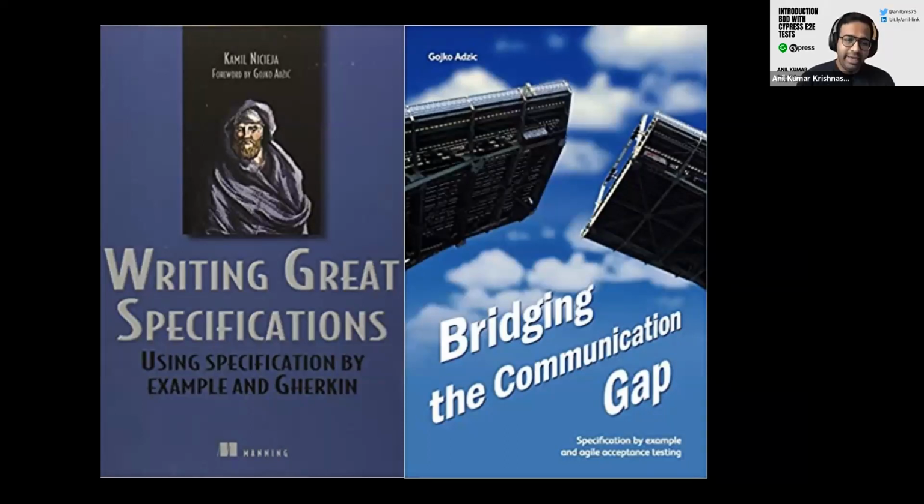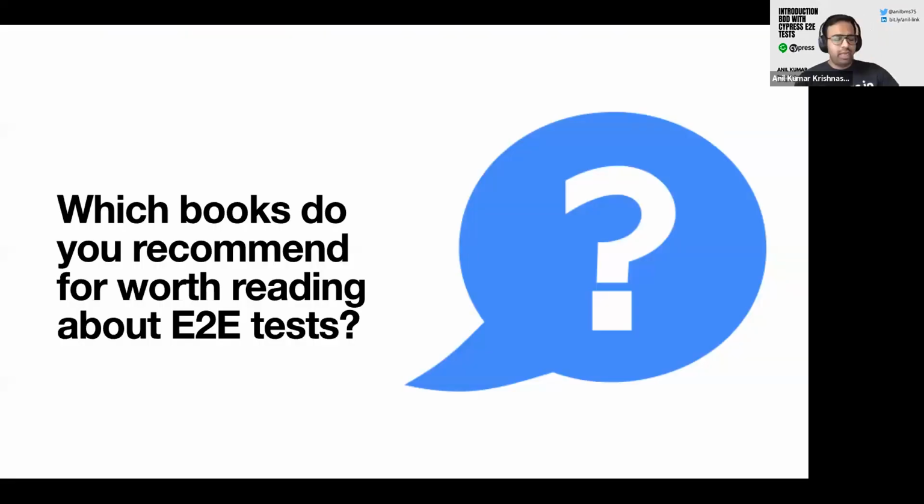He has written great ideas about how to write great BDD examples: what a good example is, what challenges you might have, how much BDD to do, and how to approach different scenarios. I can highly recommend these books. Let me know if you have any books you recommend worth reading, whether for E2E testing, automation, or anything else. Let me know in the chat.